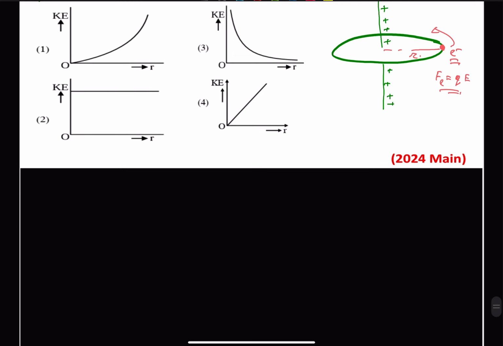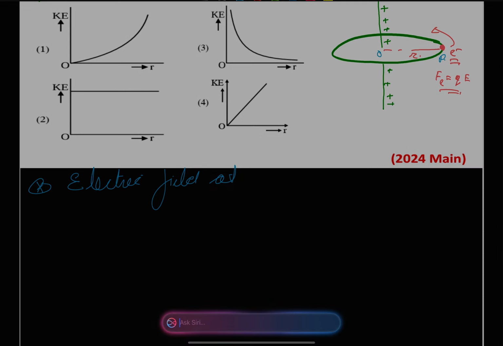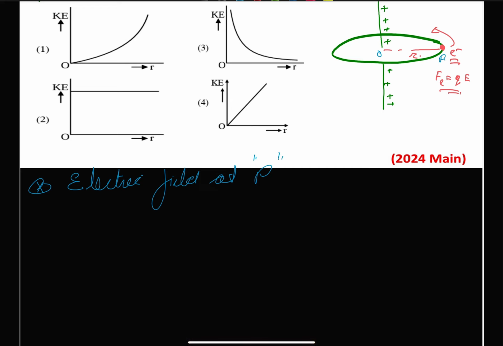So therefore we can say electric field at, let us call this point as P, and this is center O, electric field at point P, we can write this as EP is equal to K, and linear charge density is given to us as lambda, so this becomes 2 lambda upon distance, that is our r.